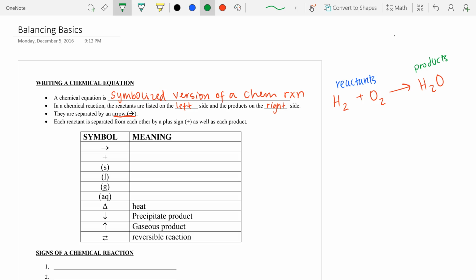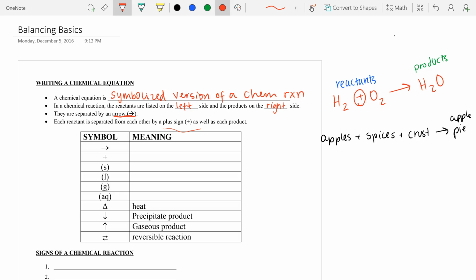To take it into something that you might be more familiar with, if you have apples plus spices plus crust, you can make an apple pie. And so our product is the apple pie, and our ingredients, or our reactants, are the apples, the spices, and the crust. And it's important to know that each reactant is separated by a plus sign. And so we see that here.